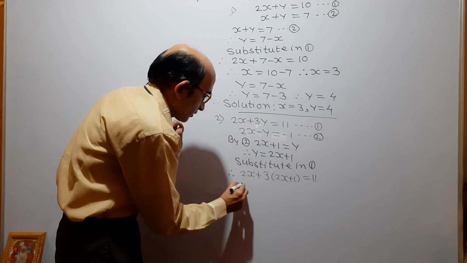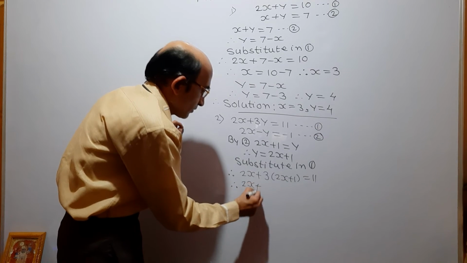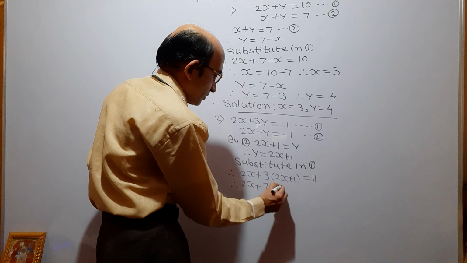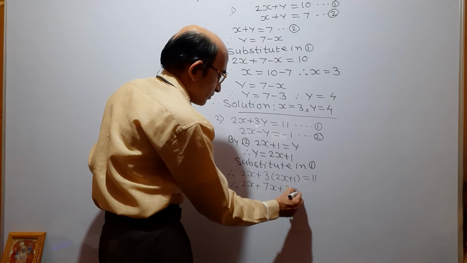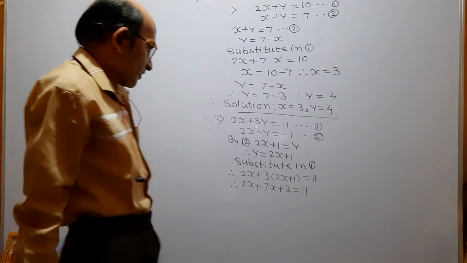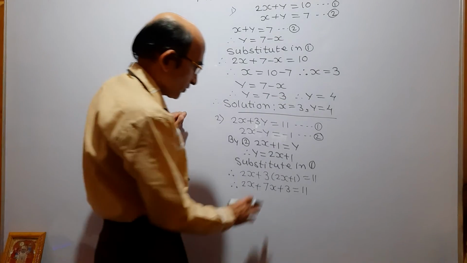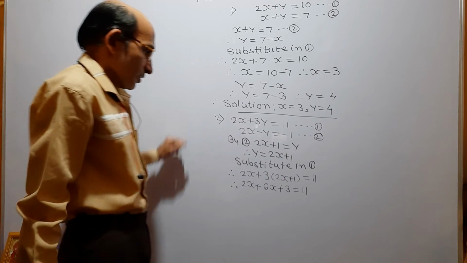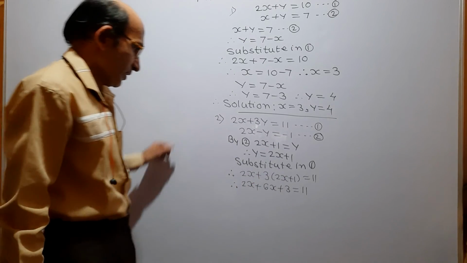Simplification: 2x plus 6x plus 3 equal to 11.